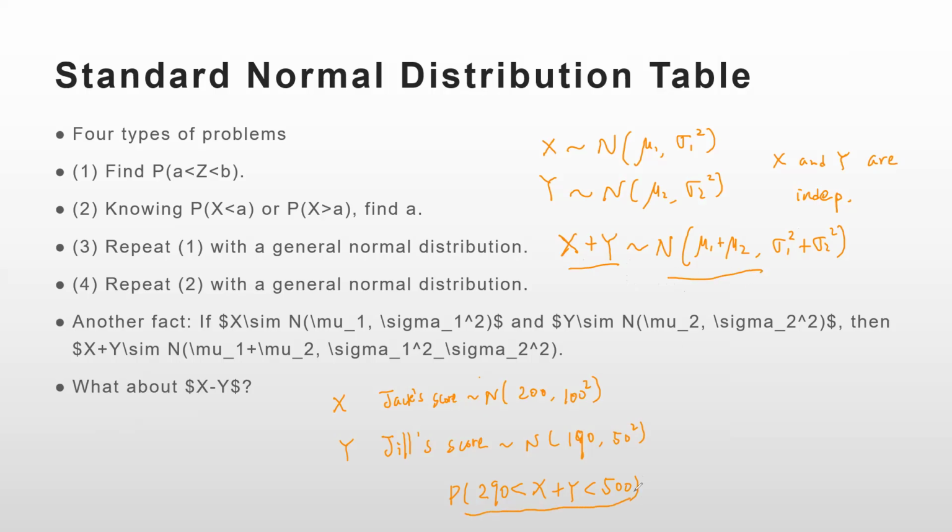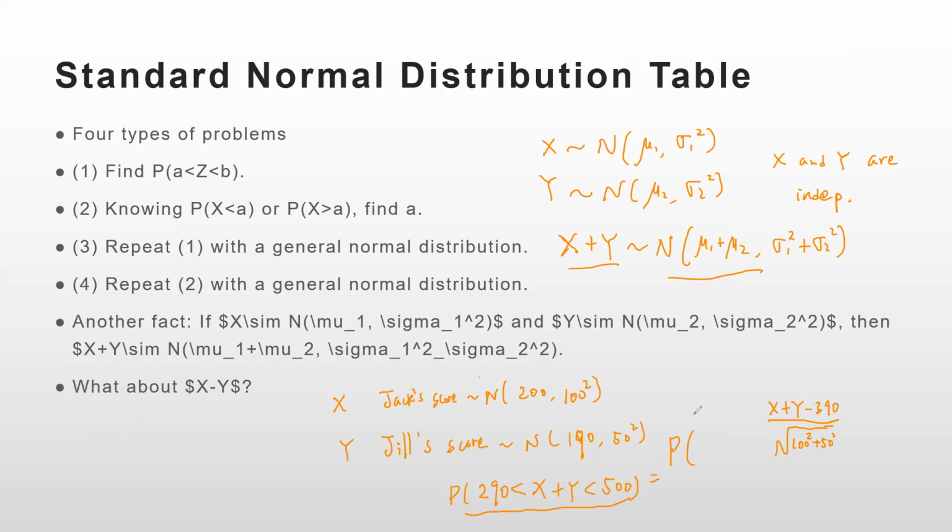Basically, you just standardize it. I'm just rewriting a little bit and then we're done. X plus Y minus (mu1 plus mu2), so that's 390, divided by the square root, because the standard deviation is the square root of the variance. So you have the square root of 100 squared plus 50 squared.